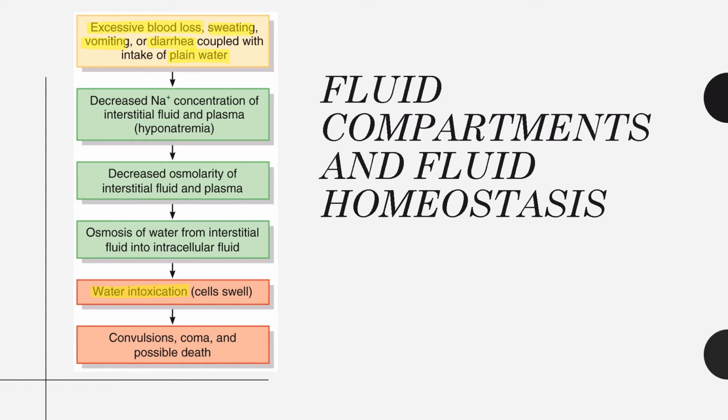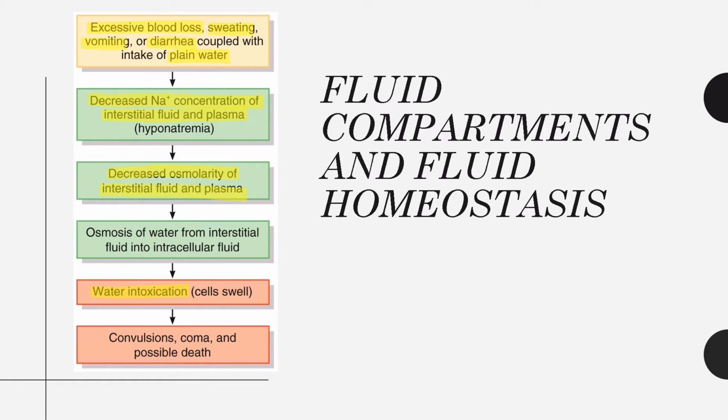So this is going to result in decreased sodium concentration in the interstitial fluid and the plasma. It's going to fall below normal range. And when the sodium concentration of interstitial fluid decreases, its osmolarity also falls. So we have that decreased osmolarity.